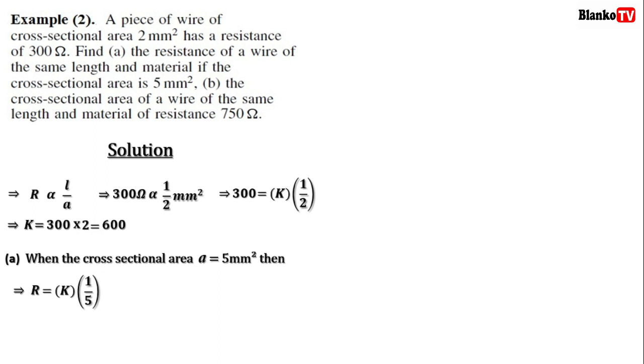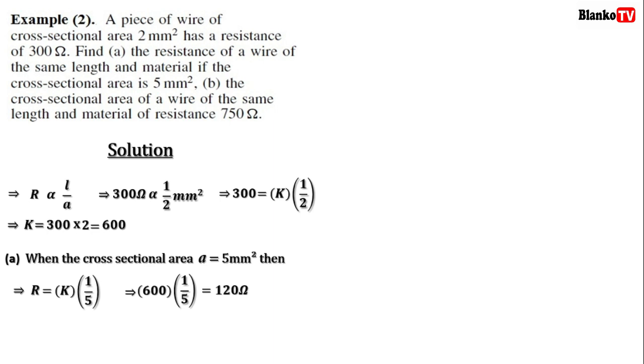K is 600, multiplying 1 over 5, and that is going to give us 120 ohms. So the resistance is going to be 120 ohms.